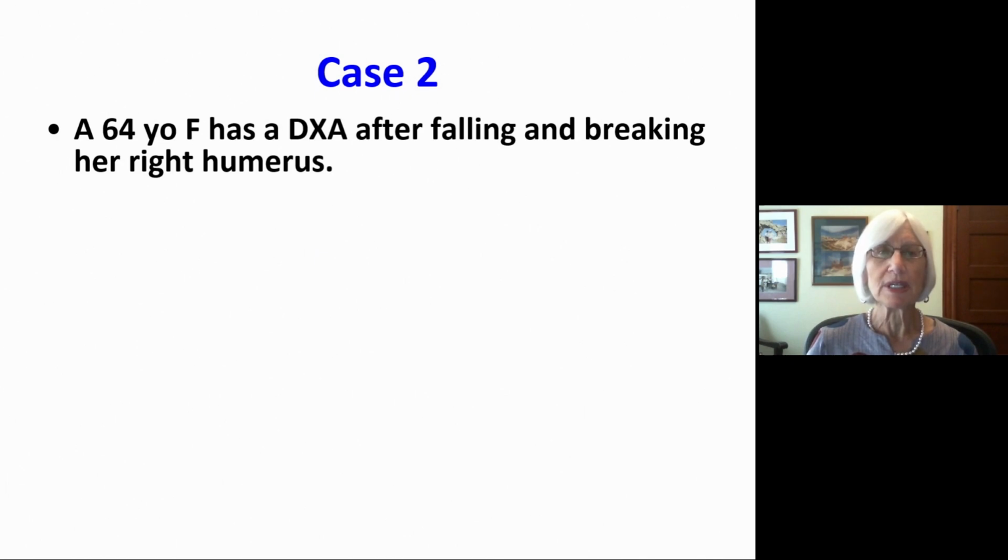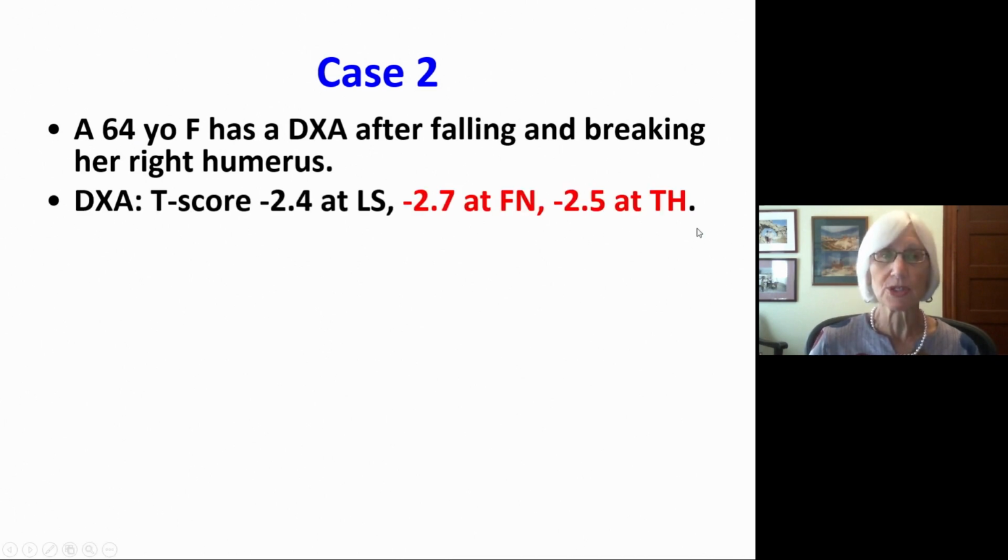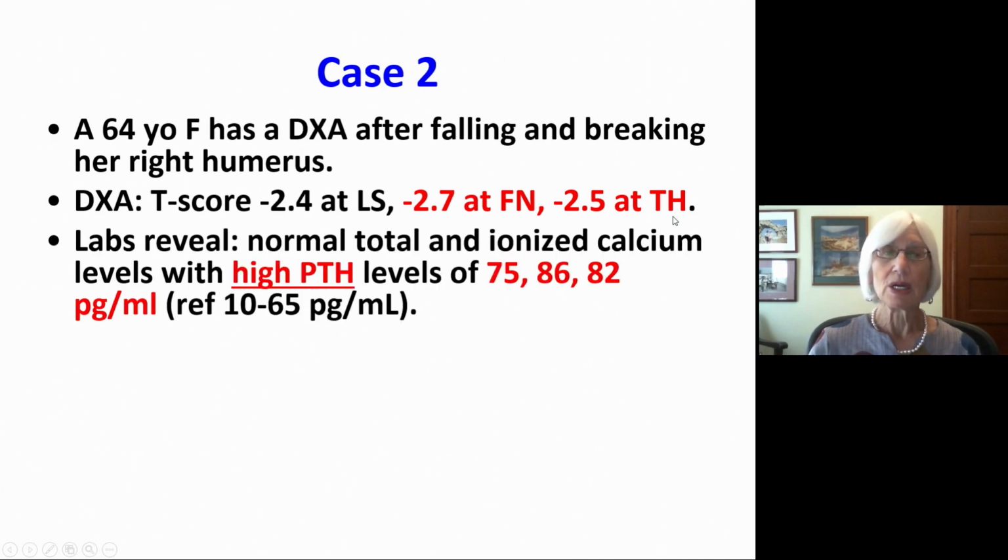So let's move on to another case. This is a 64-year-old woman who has a DEXA after falling and breaking her arm, her right humerus. This shows osteopenia at the spine, but she has osteoporosis at the hip sites. You do a workup which shows her total and ionized calcium levels are normal, but PTH comes back on 3 different occasions high.